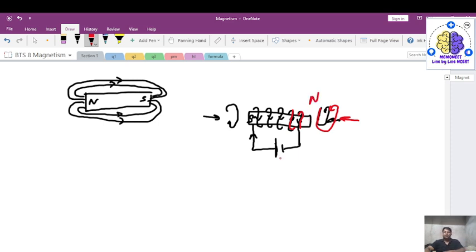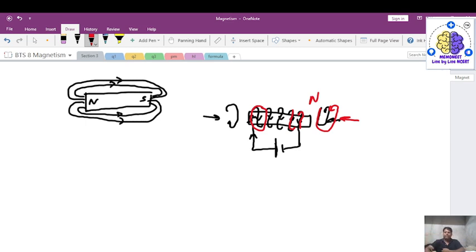Let me make you understand in another way also. See here, the current in this wire is in downward direction. So using Maxwell's right hand thumb rule, the magnetic field will be entering into this end, right? Coming to this end, again the current is in downward direction. Using Maxwell's right hand thumb rule, the magnetic field will be exiting this end.